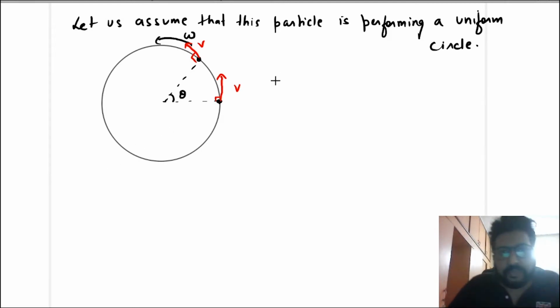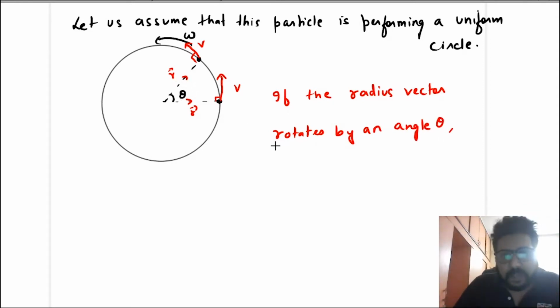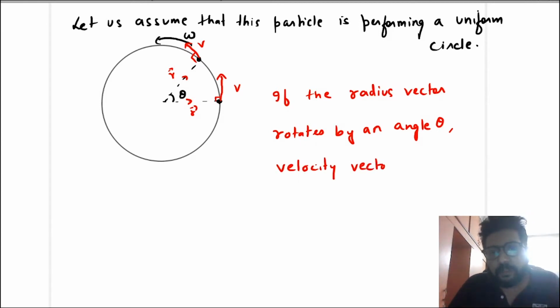So if this is the radius vector, now if the radius vector rotates by an angle theta, the velocity vector also rotates by an angle theta.